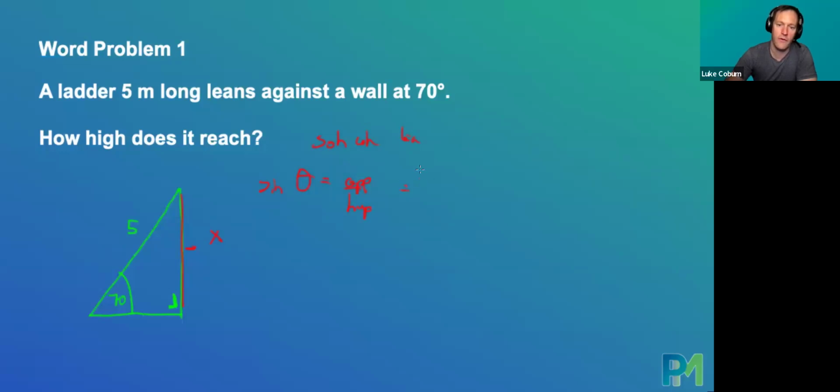That gives me sine of 70 is equal to the opposite x over 5. Right, so I'm going to multiply that 5 up, so x is equal to 5 sine 70.